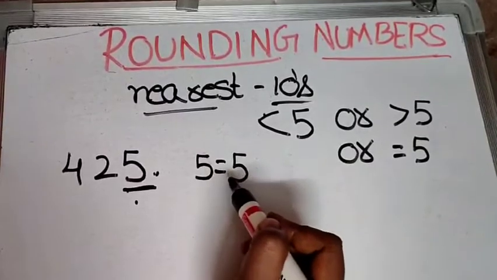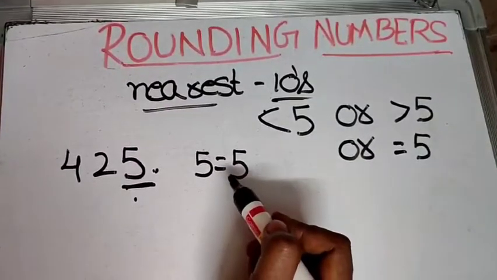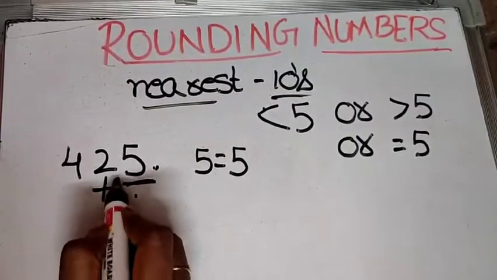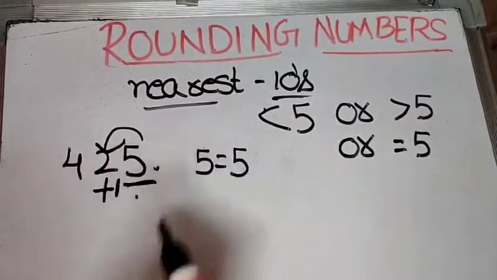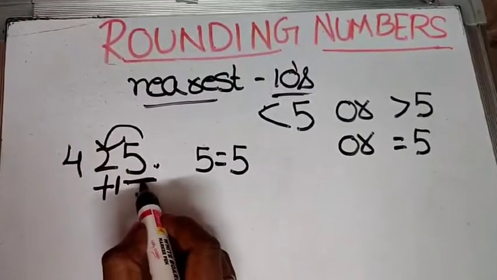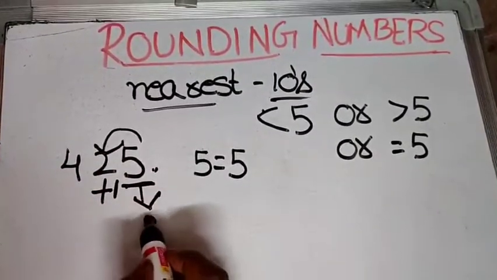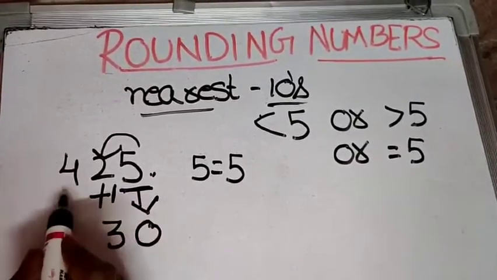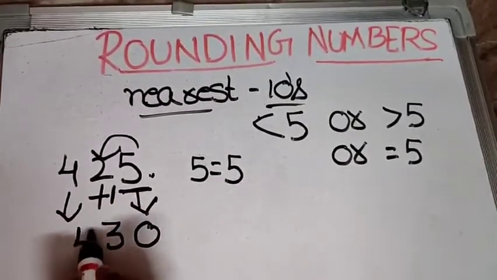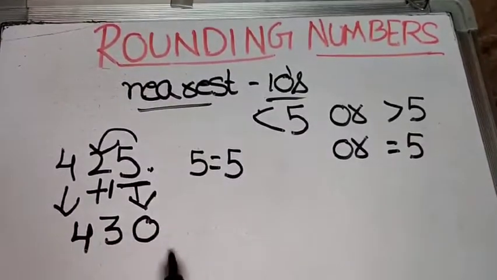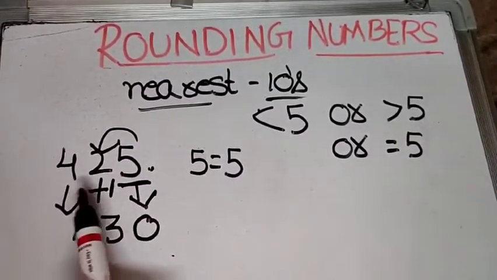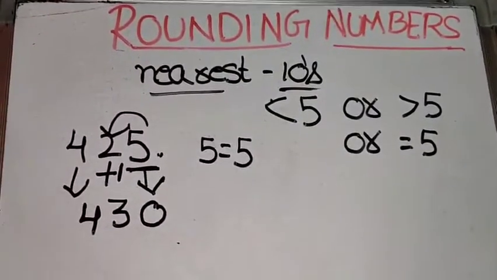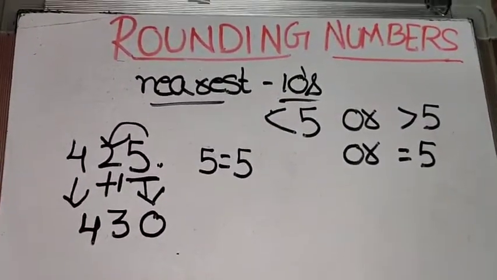Suppose it is equal to 5, then we have to add plus 1 to the next digit, and this number becomes 0. What happens if you add 2 plus 1? It gives 3. And get this 4 down. So 430 is the rounding number of 425 to nearest tens. In this way we can find the nearest tens.